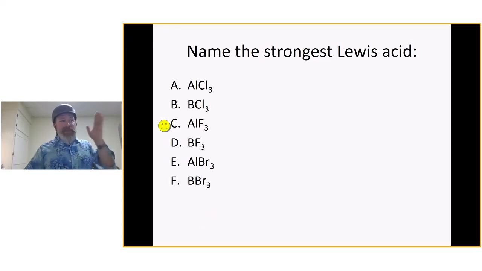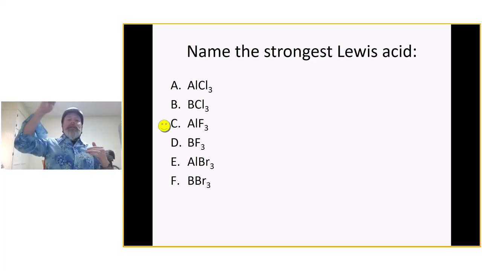BF3, and B and Al are in the same group of the periodic table, but because B is a smaller atom with fewer electrons, it's less electropositive than aluminum is. And then the Cl, the F, the Br is just rating the different levels of electronegativity of the surrounding atoms, and F wins that battle. So AlF3 is the strongest Lewis acid of these.